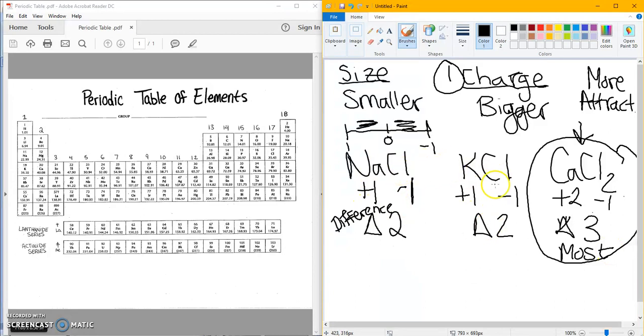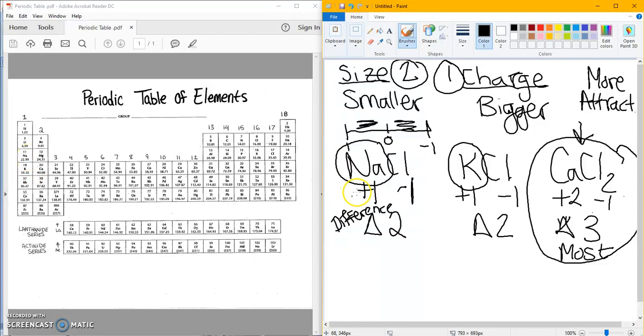However, potassium chloride and sodium chloride have the same difference in charge, so I need to go to my second candidate, which is size, in order to tell them apart. Okay? So I'm going to look at the periodic table. Since both of them have chlorines, chlorine doesn't matter, they have the same size. So I'm just going to look at the metals and compare sodium and potassium.